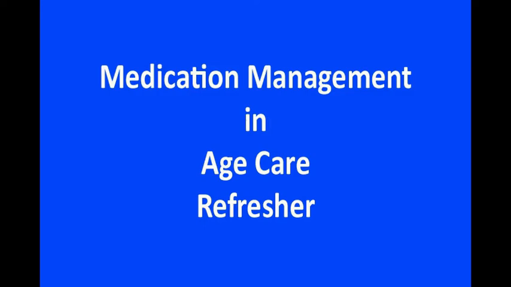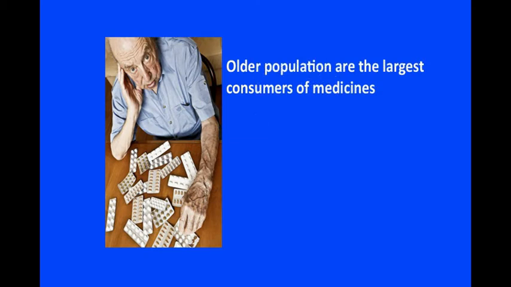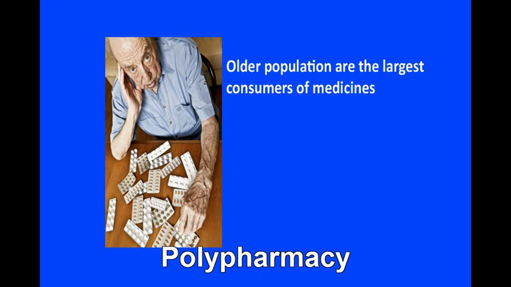correct use of medicines. The older population are the largest consumers of medications, both prescribed medicines and over-the-counter medicines as well. You think of the progression of chronic diseases, the complexities of multiple conditions, and inevitably polypharmacy results.